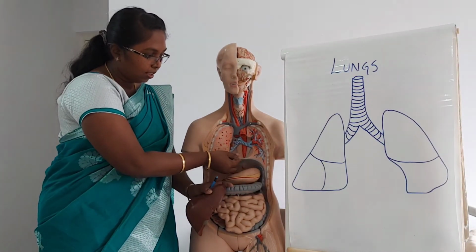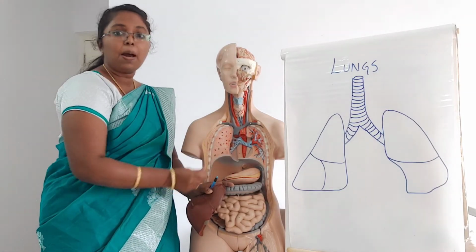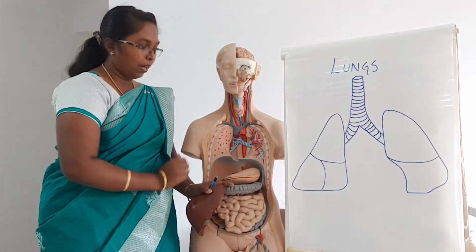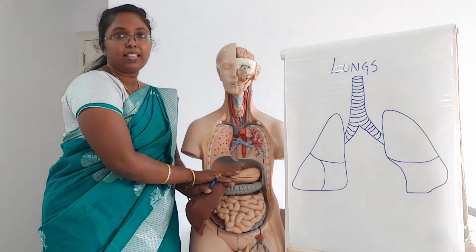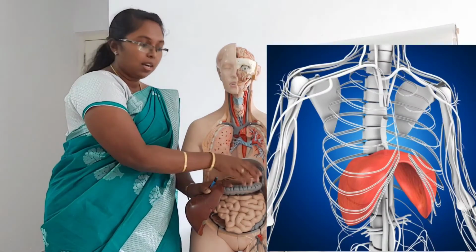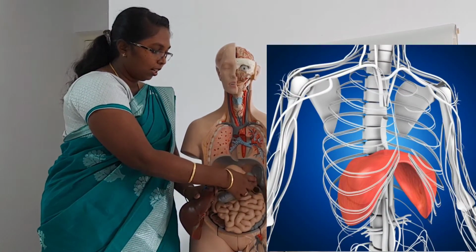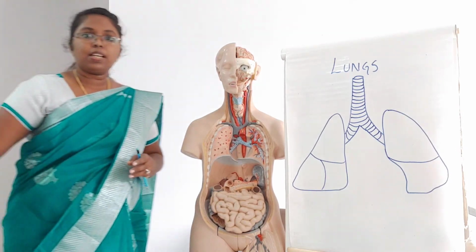If you see here, this is the diaphragm, a dome-shaped muscular structure which separates the thoracic cavity and lungs from the abdominal cavity. That is known as the diaphragm. I hope it is clear.